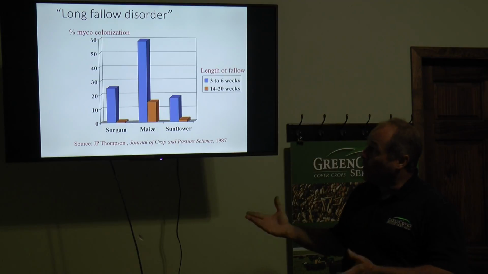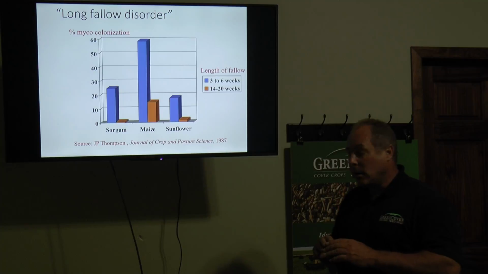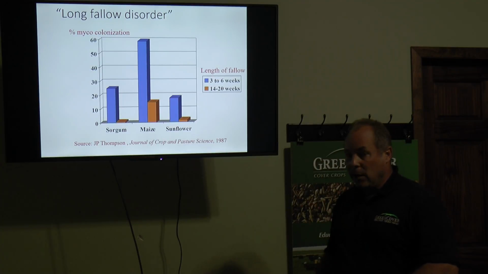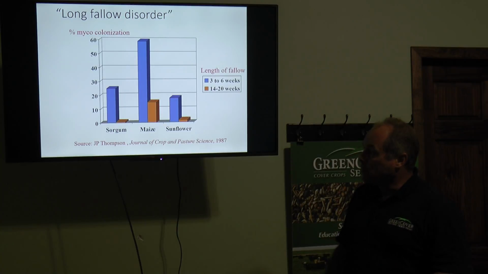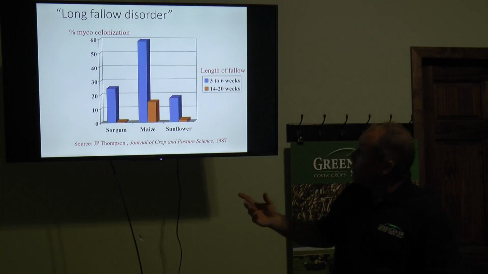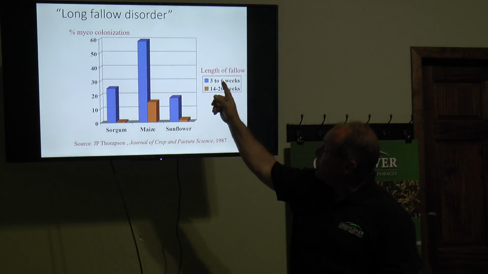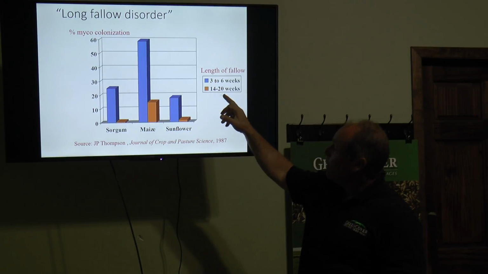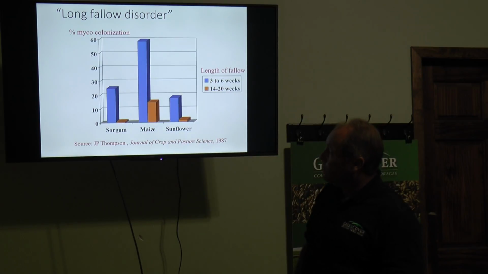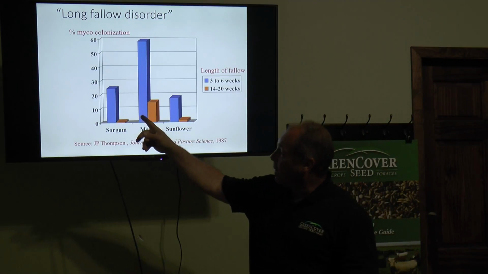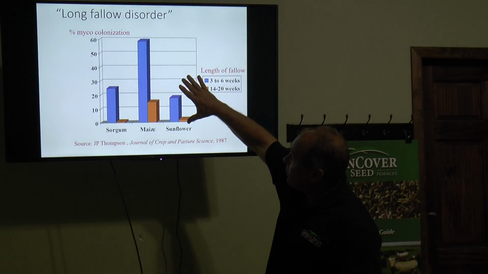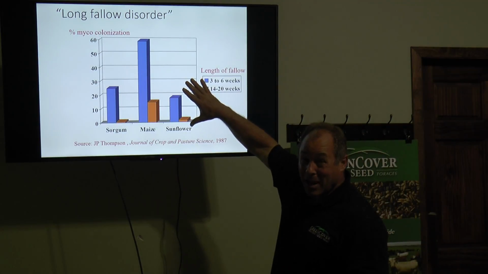So when we converted perennial ecosystems that have never been tilled, we plowed them, let them lay fallow, grew annual plants with long rest periods in between a live root, the stuff dies off. And you can see that as this fallow period goes from 3 to 6 weeks, we were able to keep some alive. We go to 14 to 20 weeks between crops, and look at this, very little of that mycorrhizal fungi. An effective level of colonization really is about 30%.